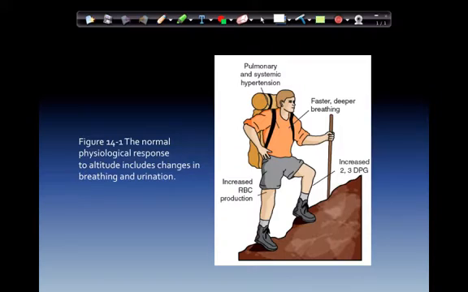That's because of less pressure in the external environment. Normal physiological responses to altitude include changes in breathing and urination, pulmonary and systemic hypertension, increased red blood cell production because of the hypoxia, faster, deeper breathing, and an increased 2,3-DPG. Let me go through that a little bit. As the atmospheric pressure drops, the body also starts assisting in this, and it manufactures an enzyme called 2,3-diphosphoglycerate, or 2,3-DPG.